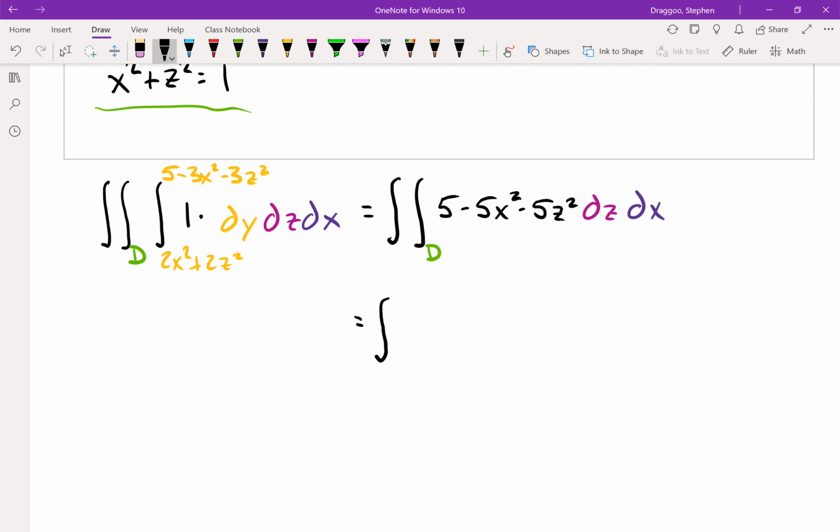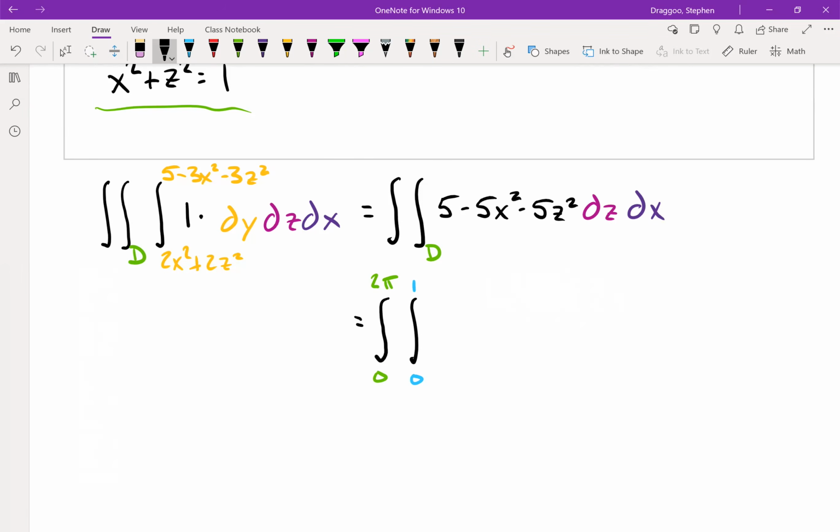So if we do that, we should give some labels here for theta and for r. How about we do theta in green? We're going to go all the way around the circle, so it should be 0 to 2 pi. We have a circle of radius 1, so r can go from 0 to 1.